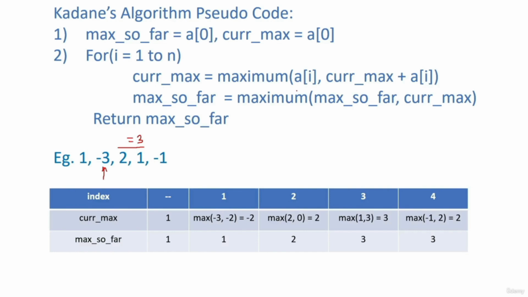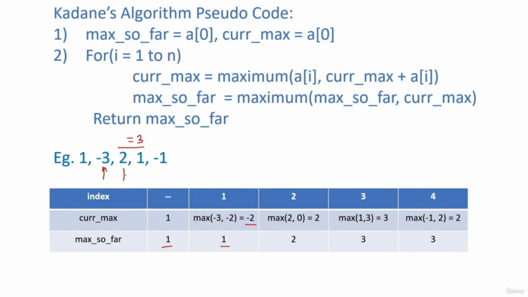So according to our pseudocode, we are considering the maximum between -3 and -3 plus current max. So -3 plus 1 is -2, and the maximum we get is -2. And in the second step, we are comparing max so far and current max, which means we are comparing -2 and 1, and we get the maximum 1.